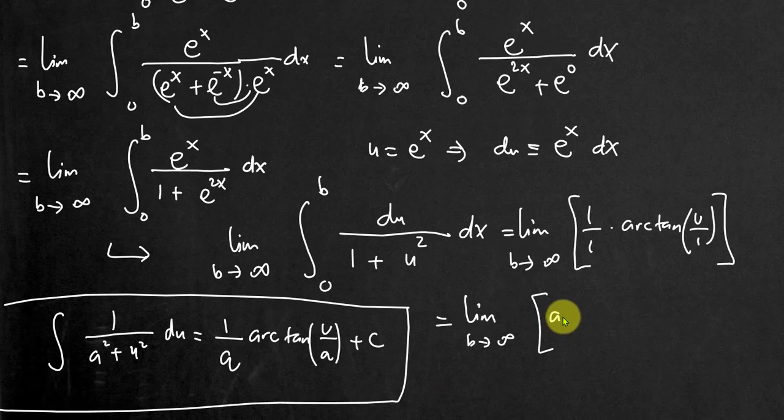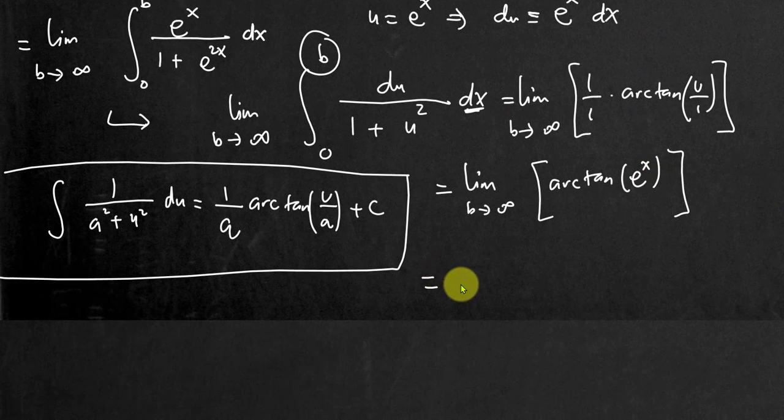So that should be arctangent of e to the x, because u is e to the x. This limit of b is in terms of x, not in u. So make sure before you find the limit, you substitute u back to e to the x. And then from here, I can find the limit now.